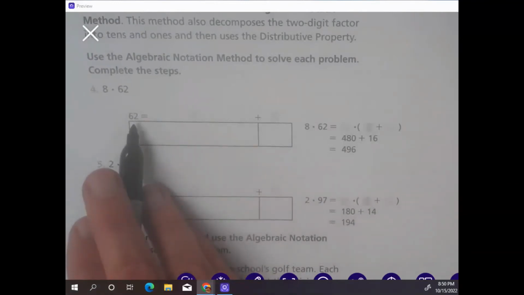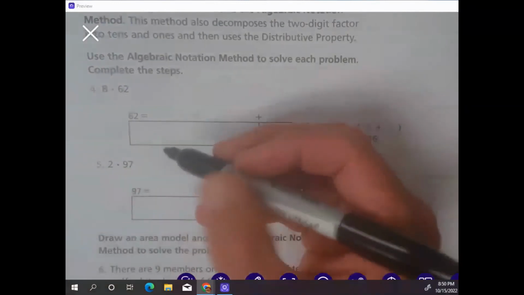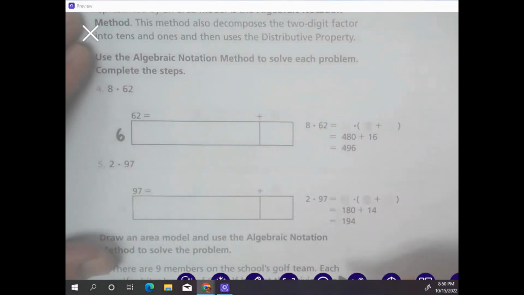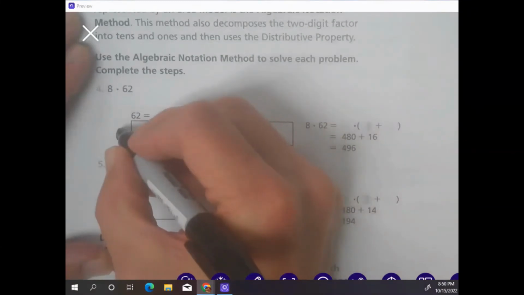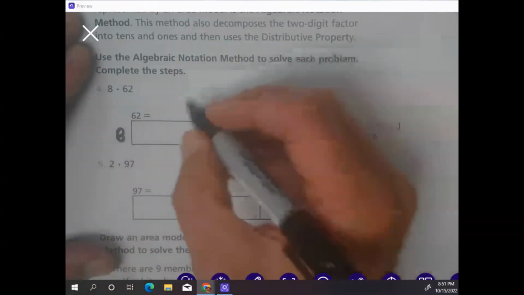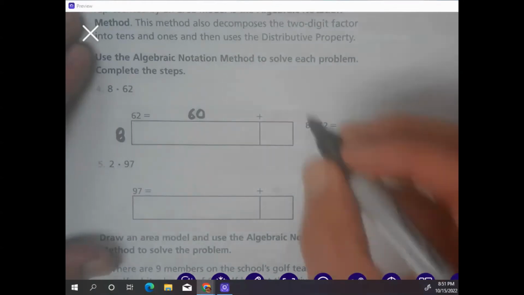And then we break up 62 using expanded notation. So here we go. Hopefully you filled in a 6. Oh, I got that wrong. Hopefully you filled in an 8 there. And then 62, that's where our 6 comes in, but it's 60 plus 2.